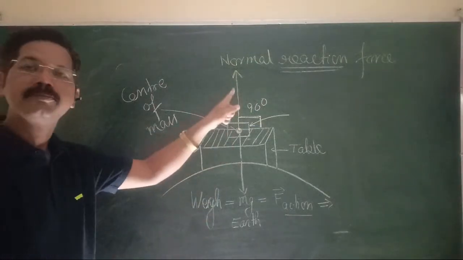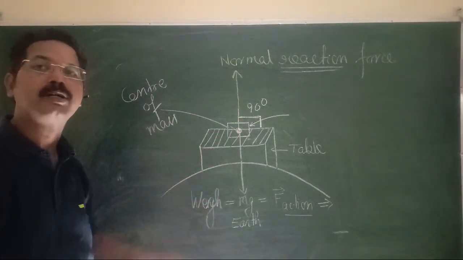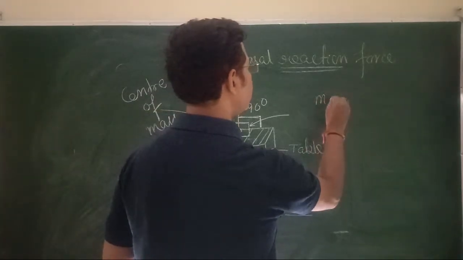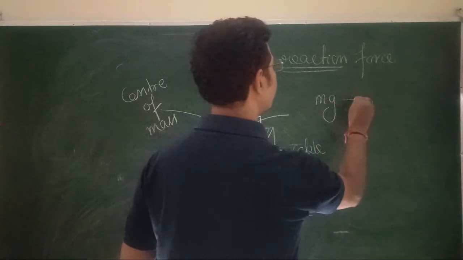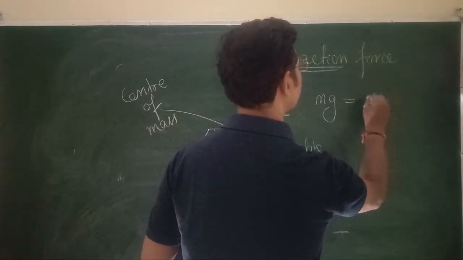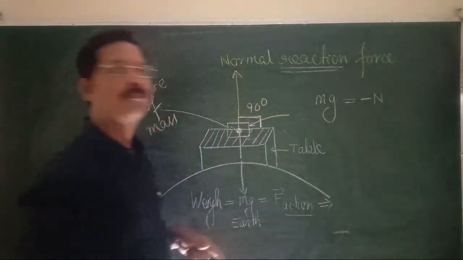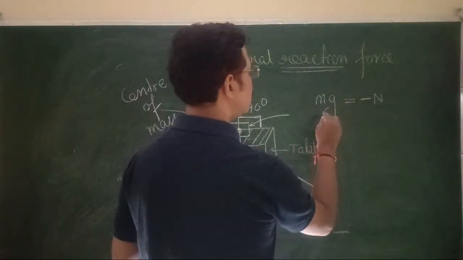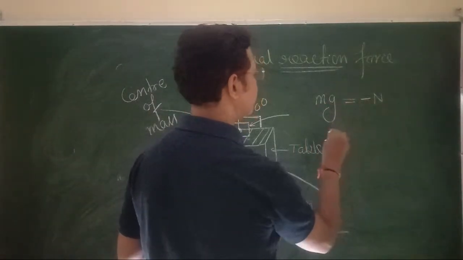This mg is acting toward the center of the earth. So mg is the force of action and the normal reaction is opposite to the action. So this is action, this is reaction.